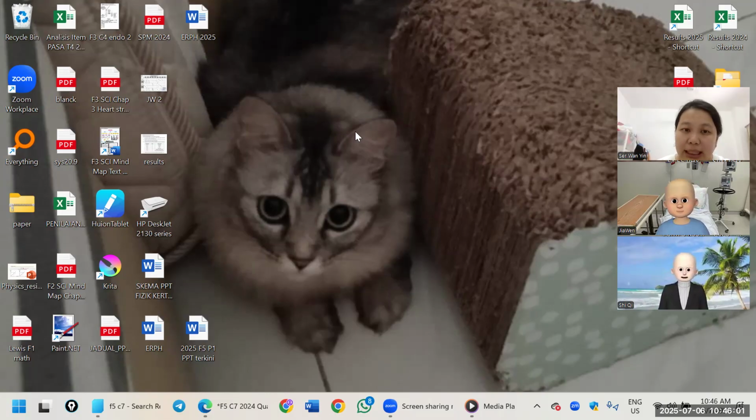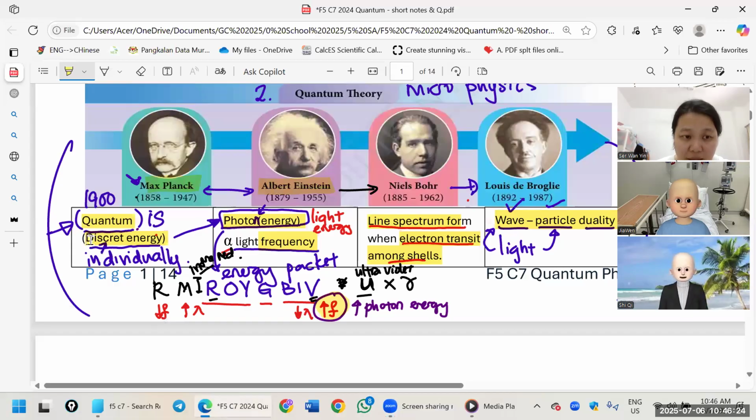I say quantum is individual energy, but individual is the explanation. You all should memorize quantum is discrete energy. Discrete is very strange to you, but you need to follow the words.